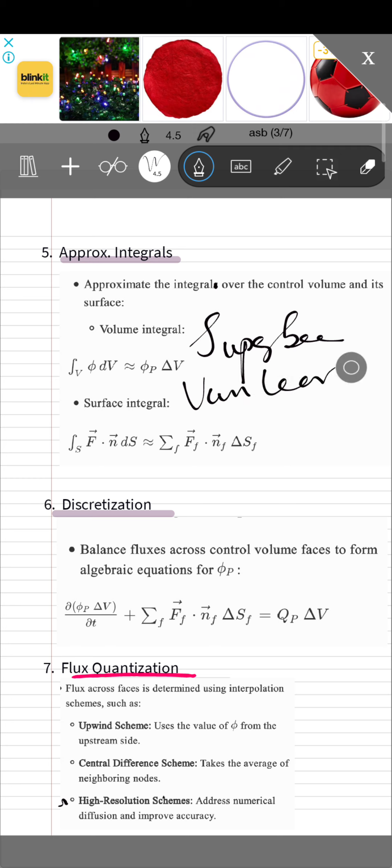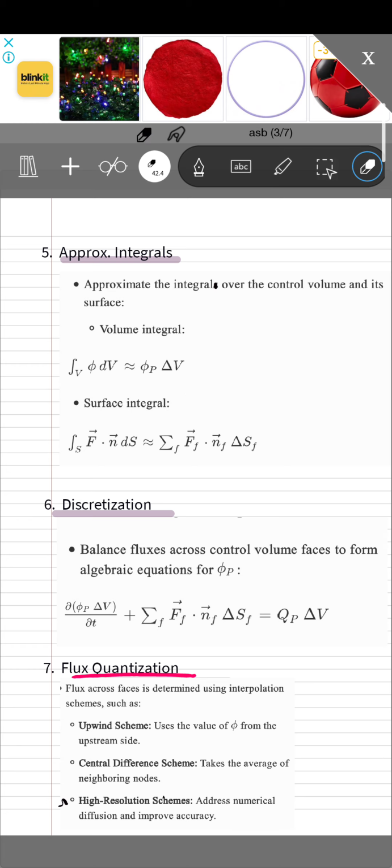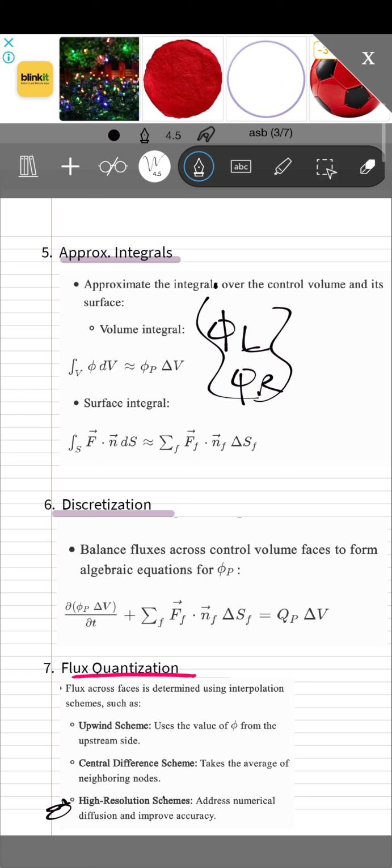These are different limiters, and they all are based upon a switch between a high order and a low order scheme, and the flux they are based upon is phi L and phi R, where L and R are simply the left and right fluxes. So we have different combinations and different equations or relationships in this high resolution scheme, which is considering the left and the right fluxes. Okay.